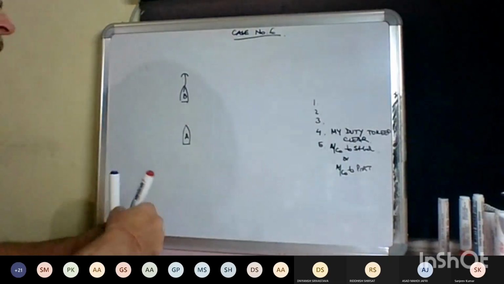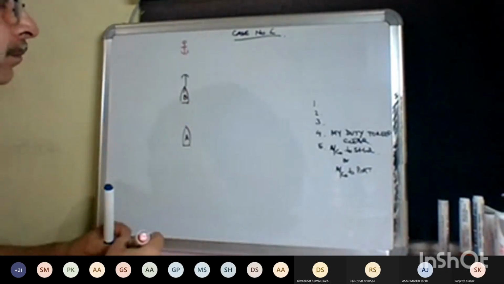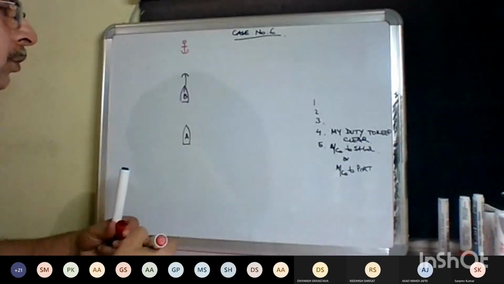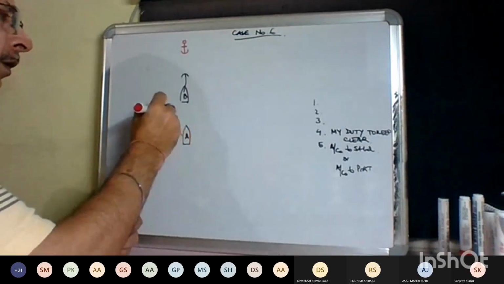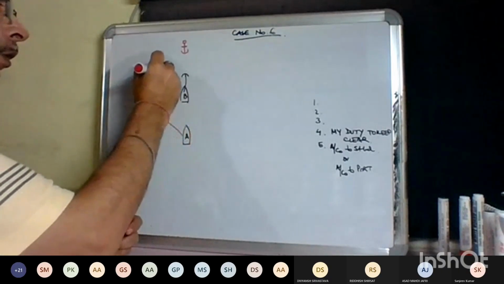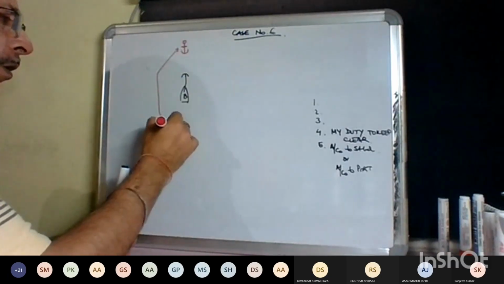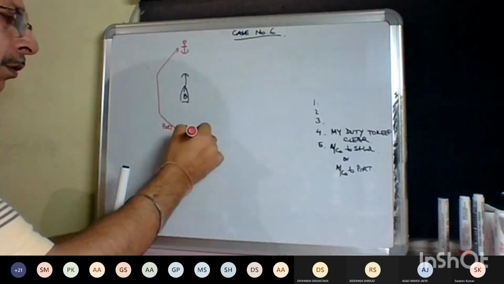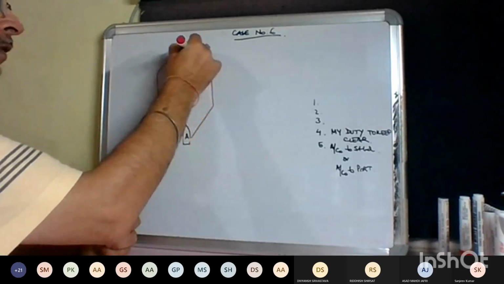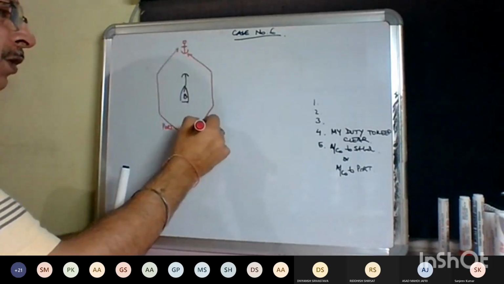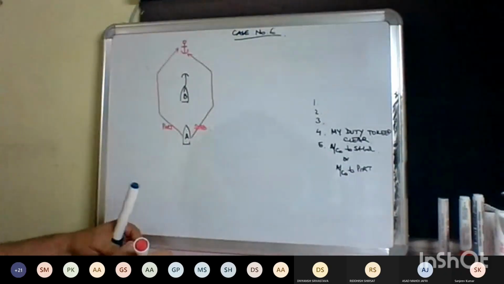I have to go and drop anchor here. So I've got two options. I've got this option to go like this. That means go from port. I have got another option and go like this. That means go from starboard. Which option would you prefer and why?